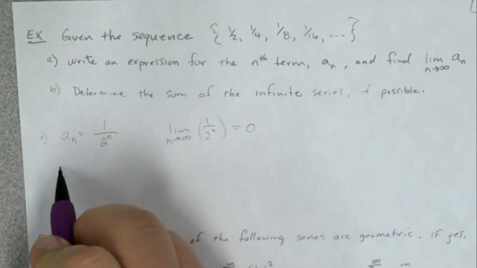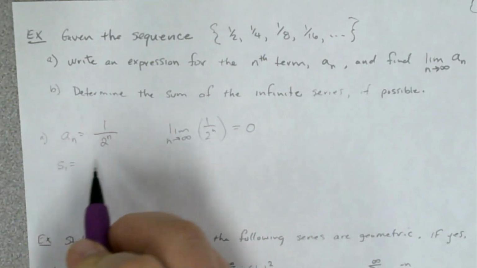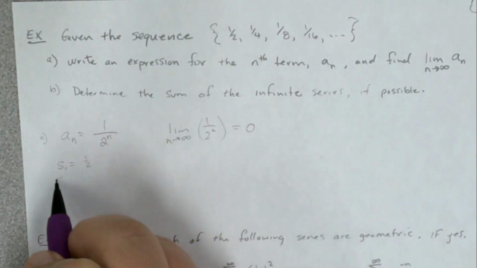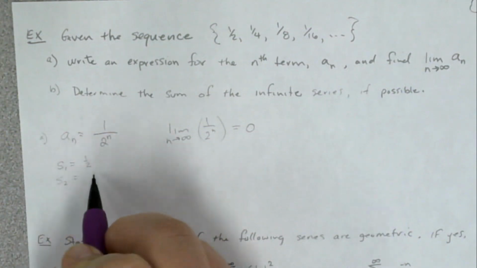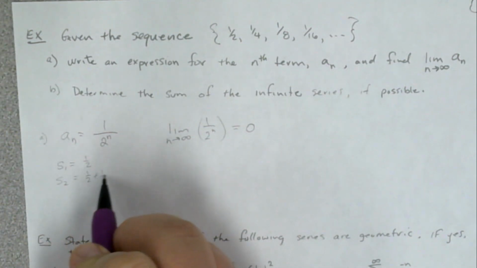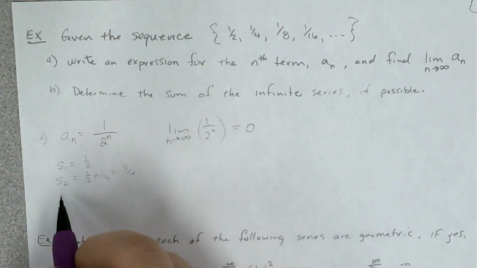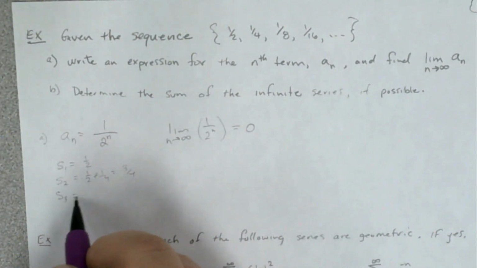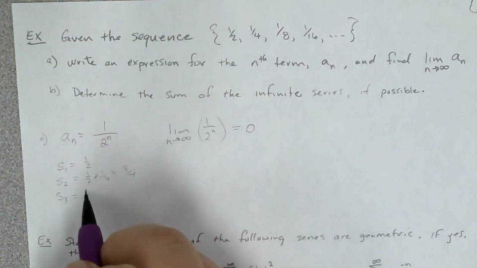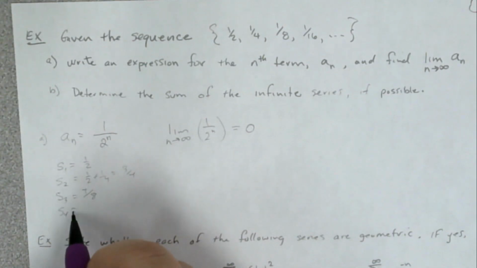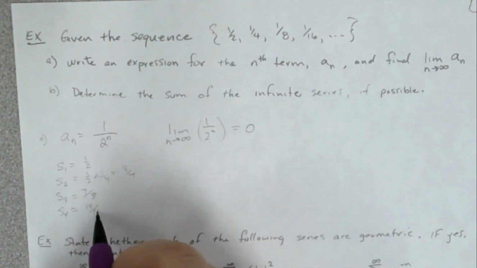And so we can check this out and see what it is, and you can kind of do the partial sums here. There's 1/2, and then we already did this. This is what we did on the other side. 1/2 plus 1/4 is 3/4, and then s of 3, this one we found to be 7/8. And then s of 4, on the previous notes we found this to be 15 over 16.